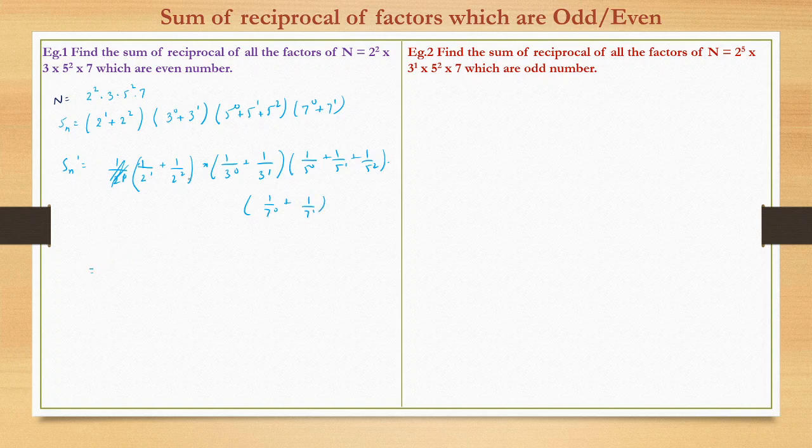Now if you take the LCM again we'll get the same thing. In the numerator we'll get Sn, and in the denominator we will get 2 square into 3 into 5 square into 7, right?